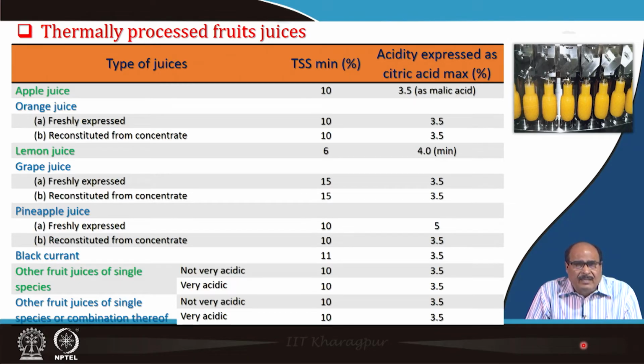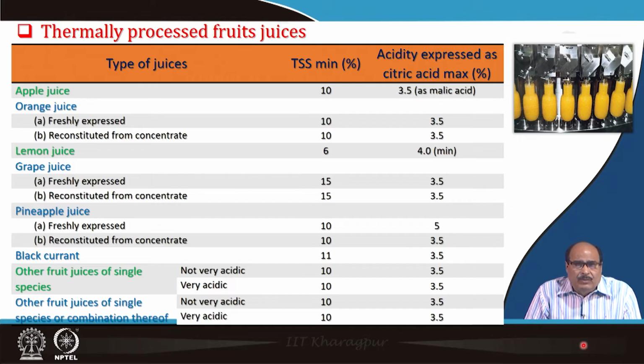TSS, whether freshly expressed or reconstituted from concentrate. The TSS minimum should be 10% and acidity should be maximum 3.5% citric acid. In apple juice, the same value, that is, TSS minimum 10%, and acidity expressed as citric acid maximum 3.5. In the case of apple juice, acidity expressed as percent malic acid should be maximum 3.5.